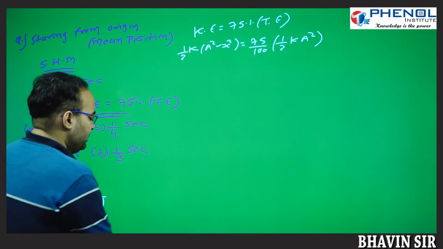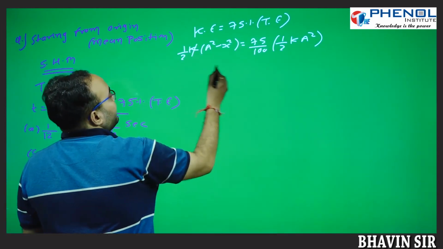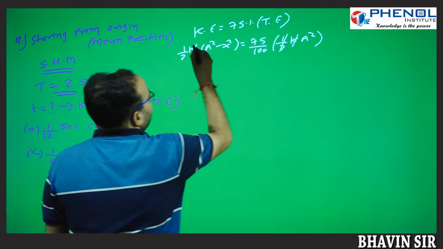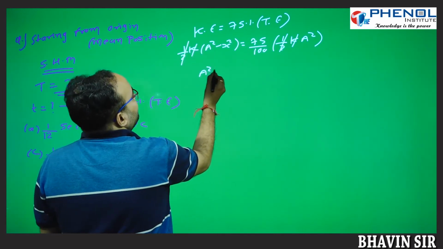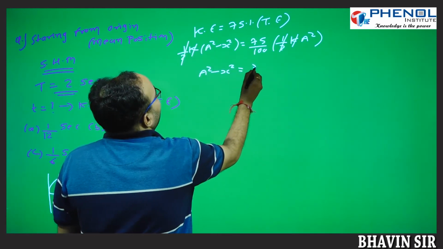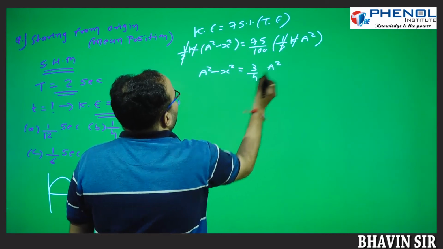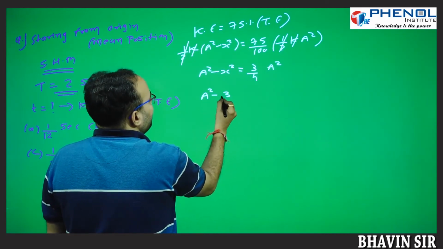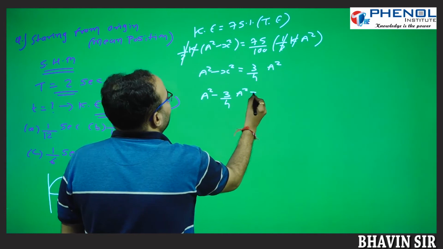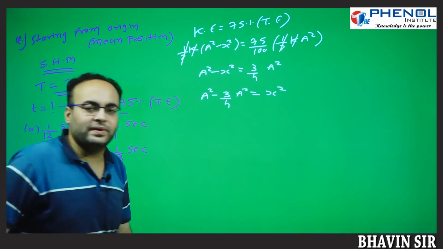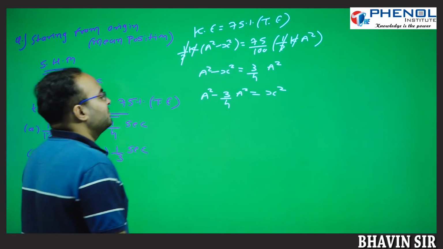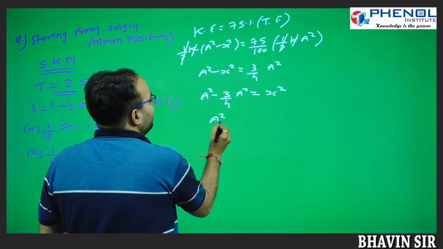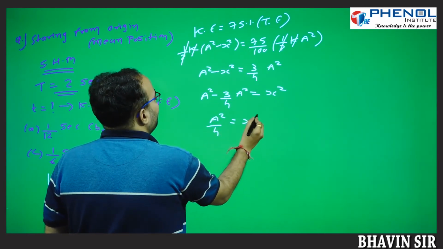Chalo. Okay. So K cancels, this half cancels, so 75/100 means 3/4, so A square minus 3/4 A square is equal to X square. Now take LCM, so 4A square minus 3A square, so A square by 4.